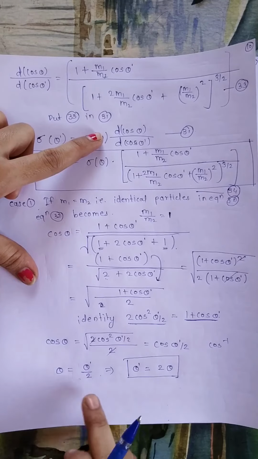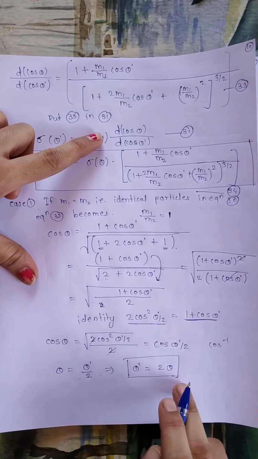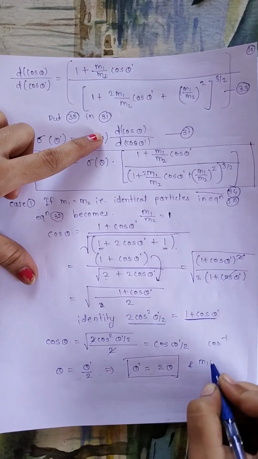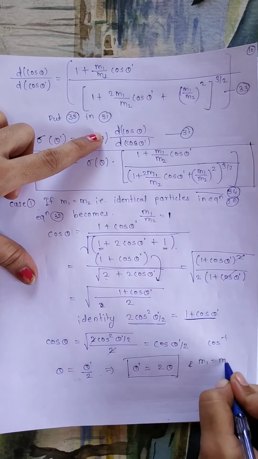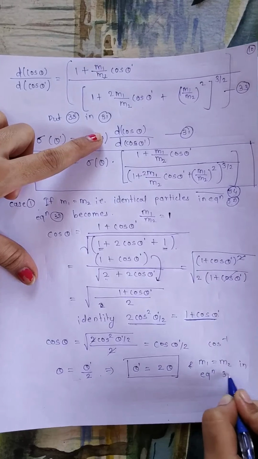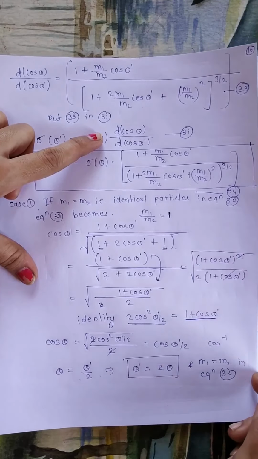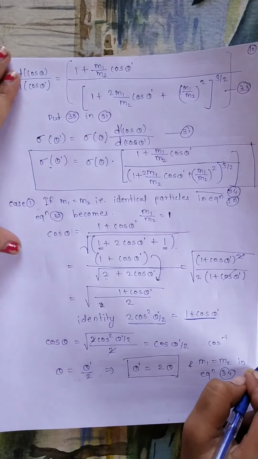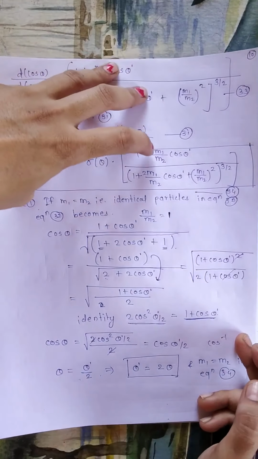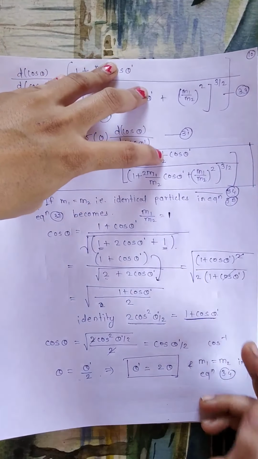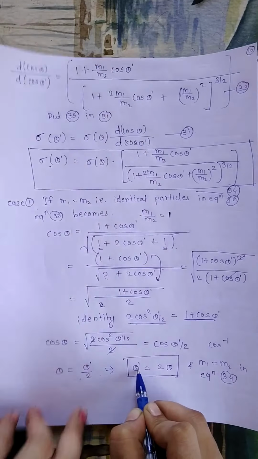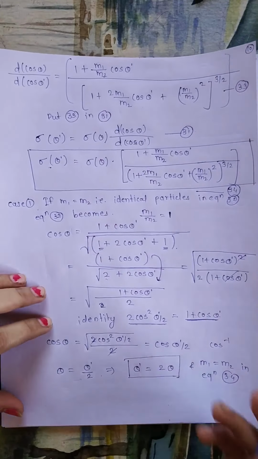So here we will use theta dash equal to 2 theta and m1 equals m2 in equation number 34. This was our equation number 34. So here we will take m1 upon m2 as 1 and instead of theta dash we will put 2 theta.